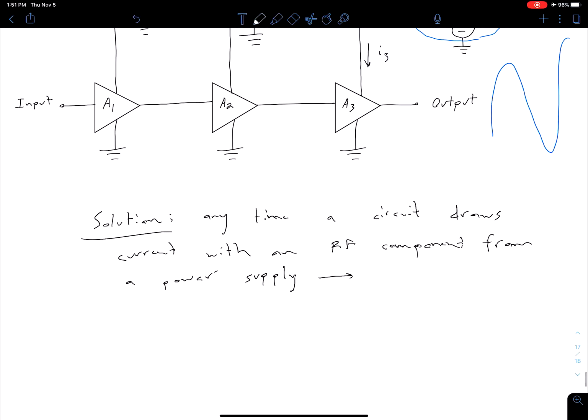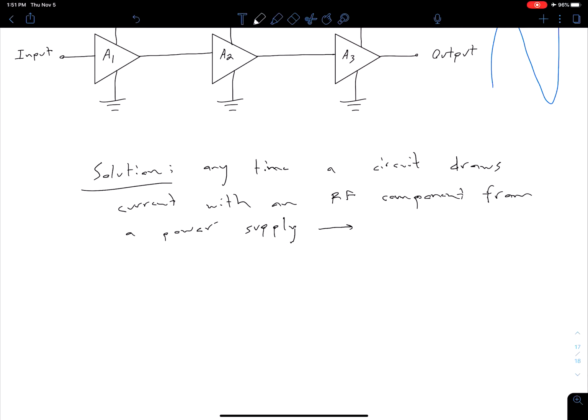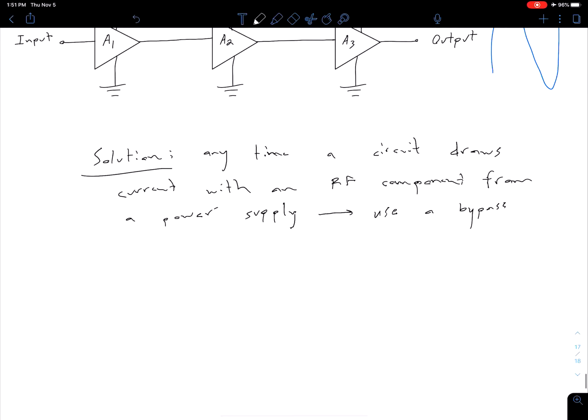How we want to solve this is to use a bypass capacitor, and we want to put it as physically close to, in this case, our A3 as possible. So we want to use a bypass capacitor, and we want this capacitor to be as physically close to our circuit drawing power as possible.